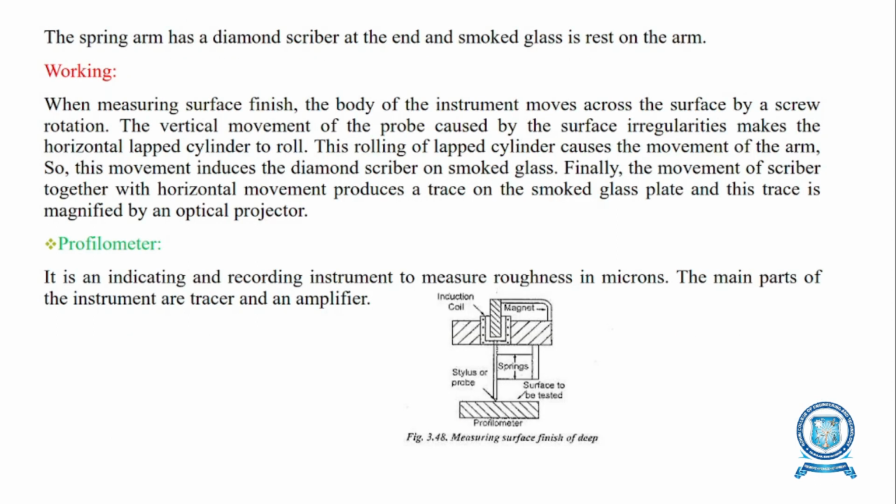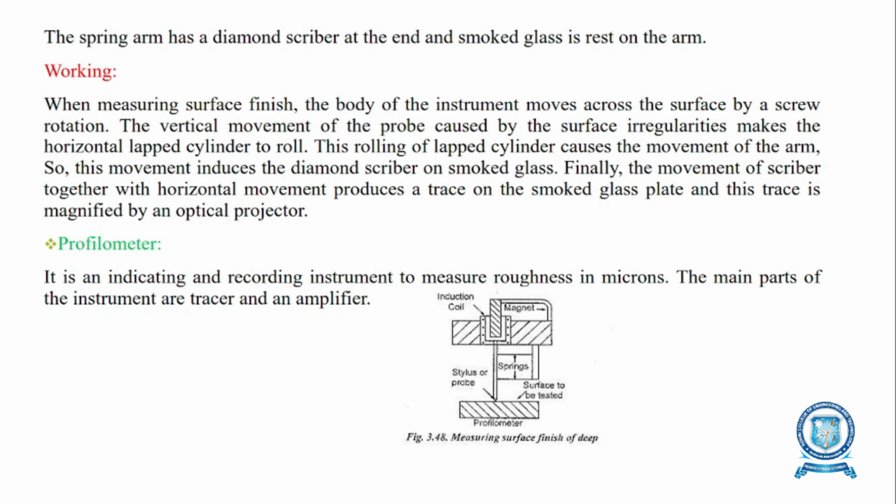Then the third instrument is the profilometer. It is an indicating and recording instrument to measure roughness in microns. The main parts of the instrument are a tracer and an amplifier. In the figure, it shows the profilometer.